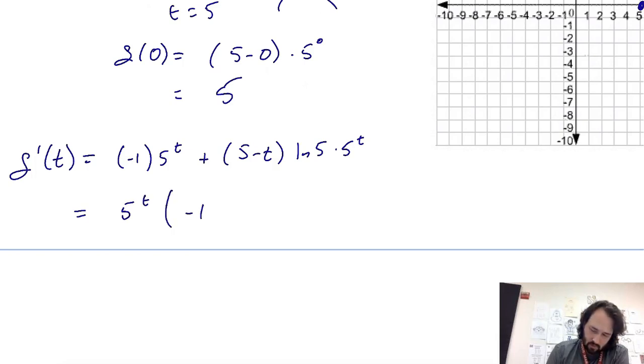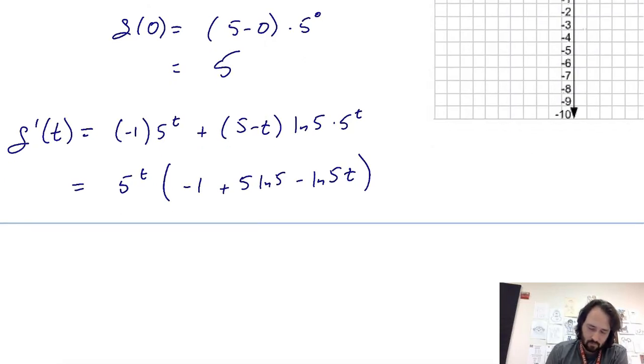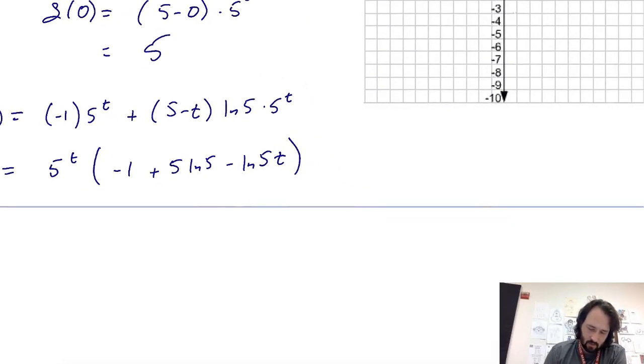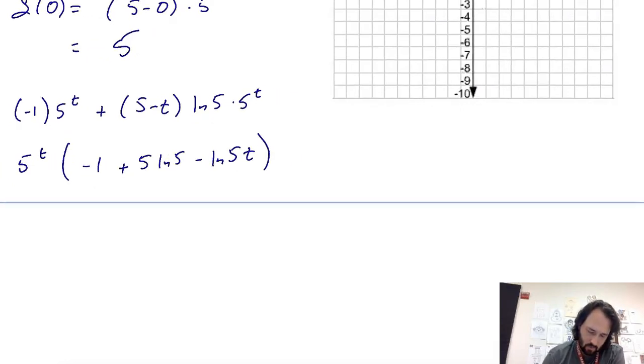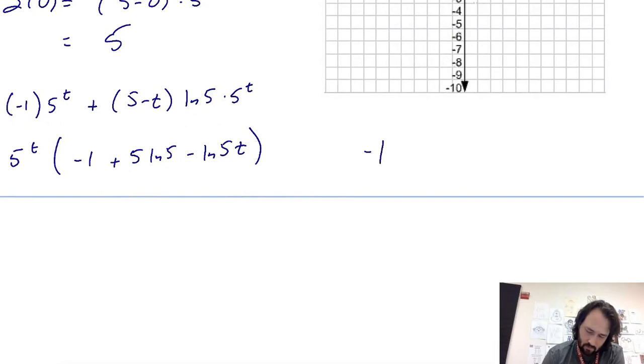This is -1 plus 5 ln of 5 minus ln of 5t. All right, so that 5 to the t is never going to be 0. And then I can find where all that junk is equal to 0.